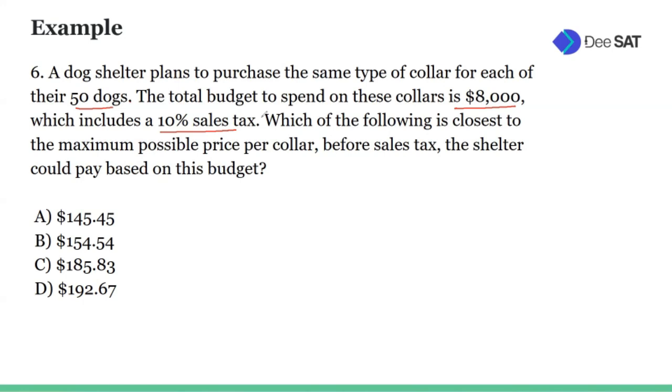So let's see, we know that $8,000 should be included, and if 10% is the sales tax for the price, that means 100% is the price plus 10% extra they need to pay. So that will generate 110% of the price. So if we just equate it to see the results, we can easily figure it out.